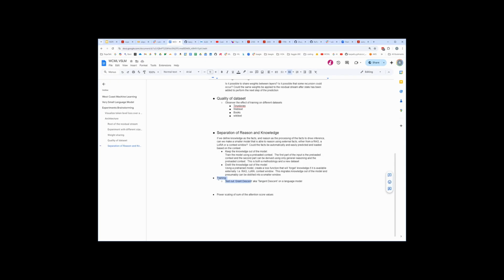Instead of gradient descent where you jump horizontally at a fixed distance, he wanted to move along the curve at a fixed distance. He called it tangent descent. We called it Grant descent, but he wanted to call it tangent descent. It's just a different optimization strategy.